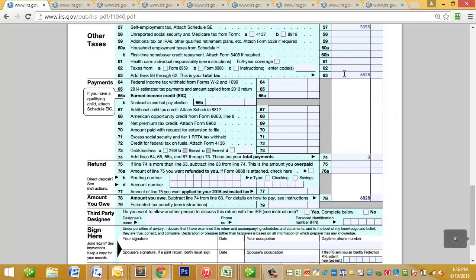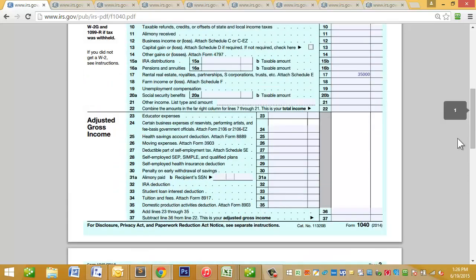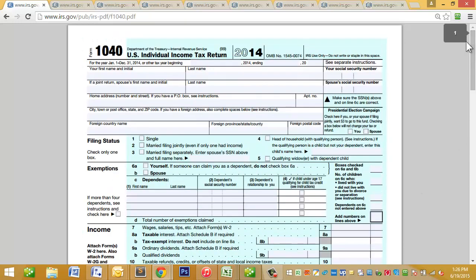Of course, anything that you already paid in towards this, like your self-employment tax payments you're supposed to make every quarter, would go against this. So that's pretty much how the tax return works. I hope that has been clear, and if you have any other questions, please feel free to contact me.